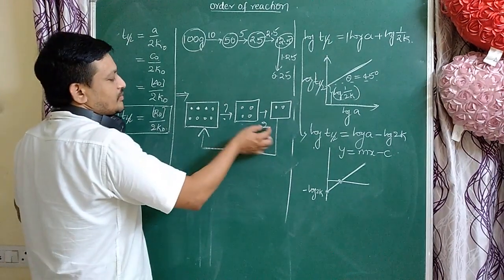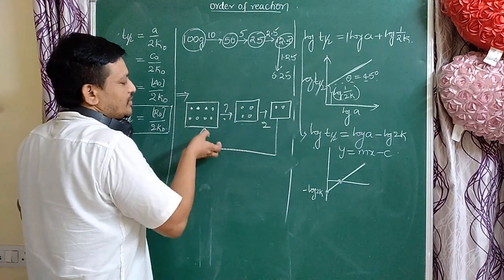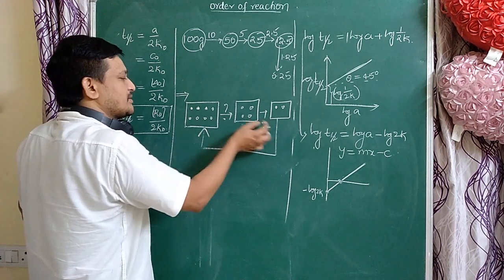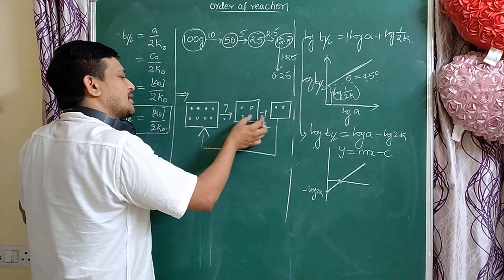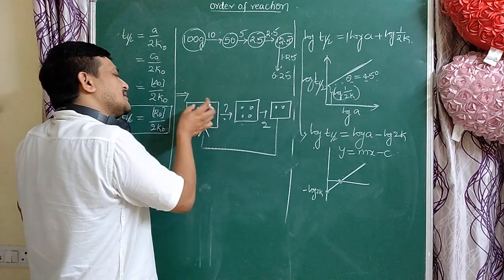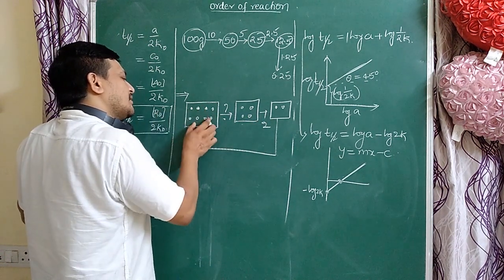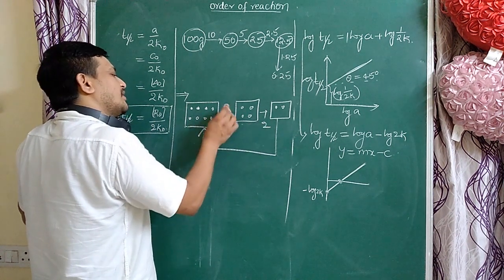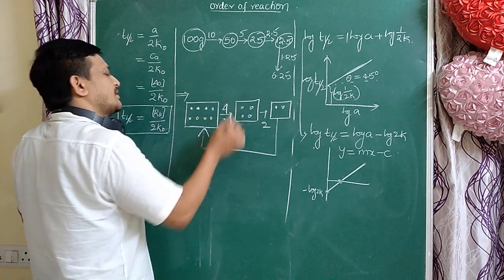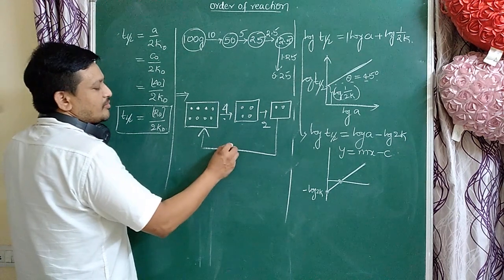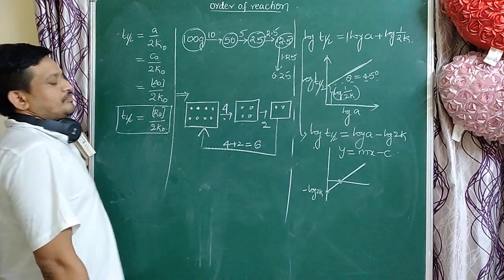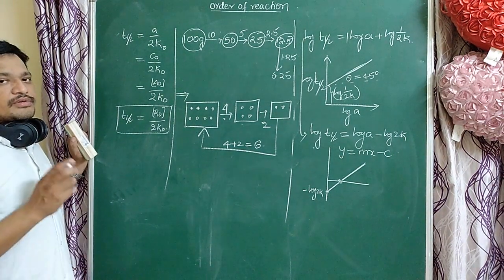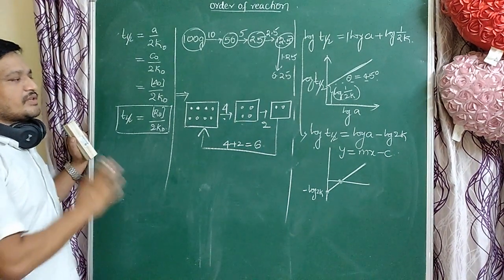What is the total time? Total time means this time plus this time. Here the initial molecules are 4, and that takes 2 minutes. Here the initial concentration is 8 molecules, double compared to this, so 4 minutes are required. So the total time is 4 plus 2, that equals 6. This is very important, students.